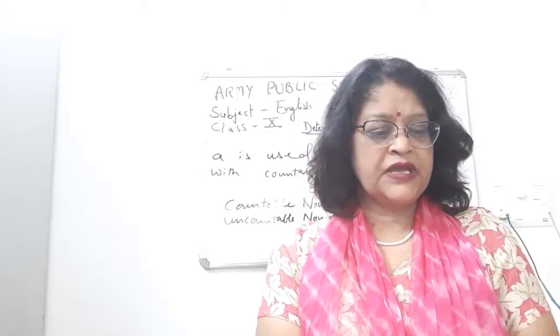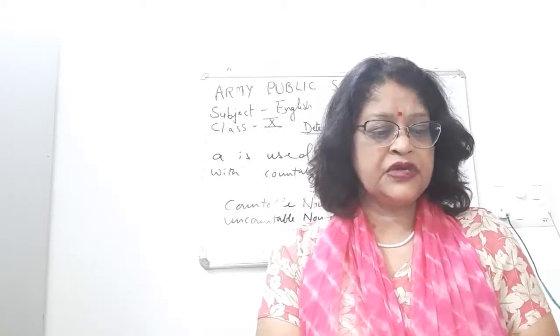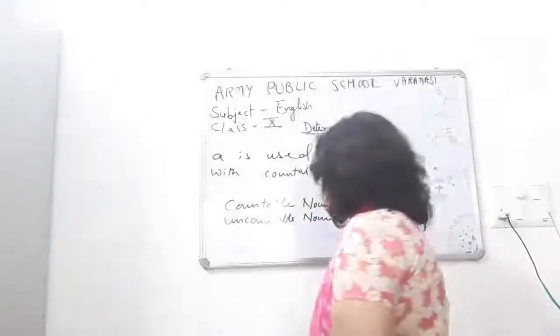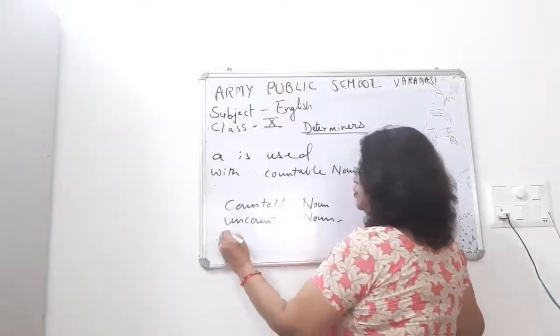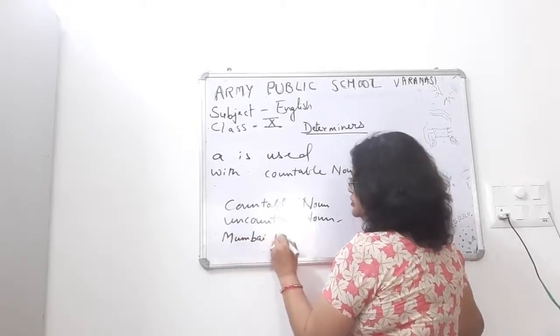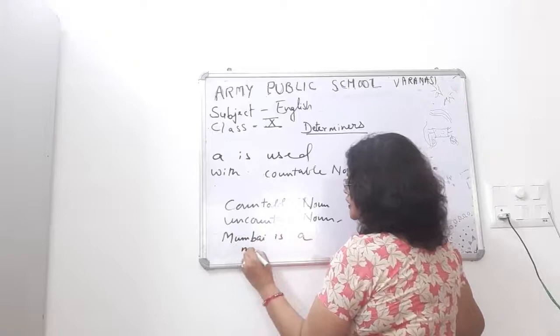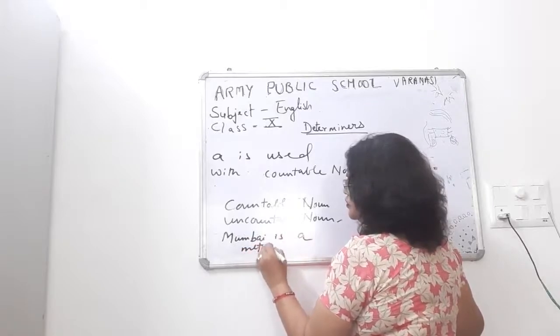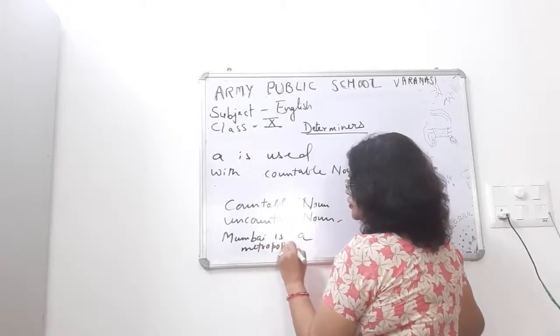So we use a before a singular countable noun, like Mumbai is a metropolitan city.